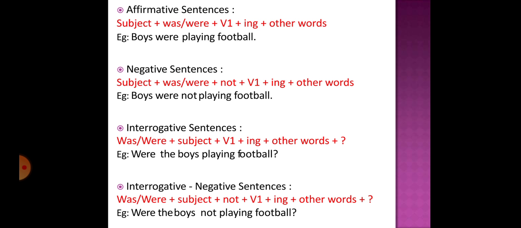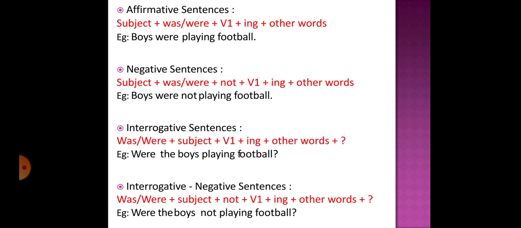Helping verb was or were is used according to the subject with the first form of the verb plus ing. If it is play, then it becomes playing. You add ing to the verb.